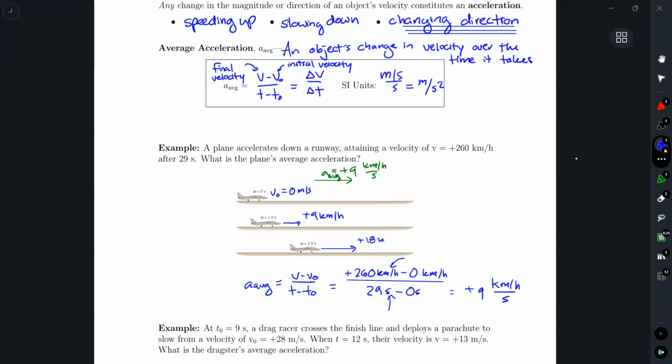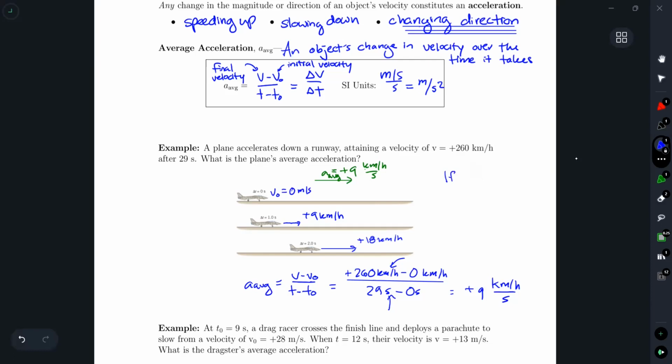So don't let the term constant acceleration confuse you. This is what it's saying, that your velocity is changing by the same amount each second. It just sounds almost like an oxymoron, constant acceleration. It just means the rate at which your velocity is changing is constant.